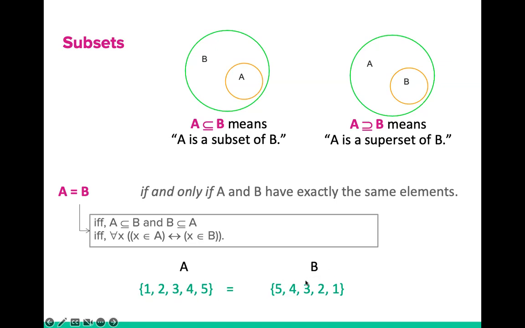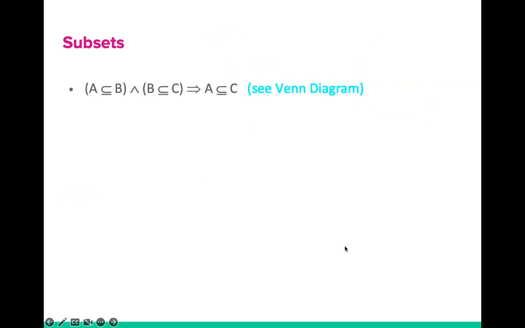Even if these two sets have the same values, 1, 2, 3, 4, and 5, and the other one has 5, 4, 3, 2, 1, even if they have different orders, since all of the elements of A are in B and all of the elements of B are in A, we can say that they are equal.